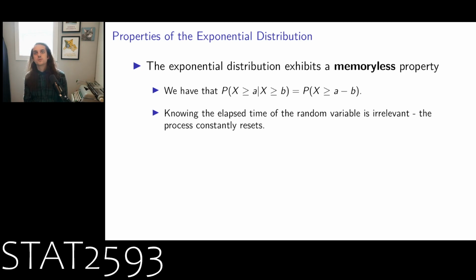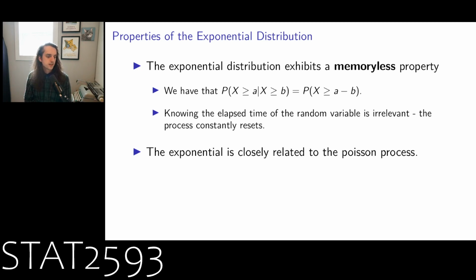So essentially, knowing the elapsed time of a random variable is irrelevant. The process is constantly resetting itself. It's forgetting about its past, which is why we call it memoryless.